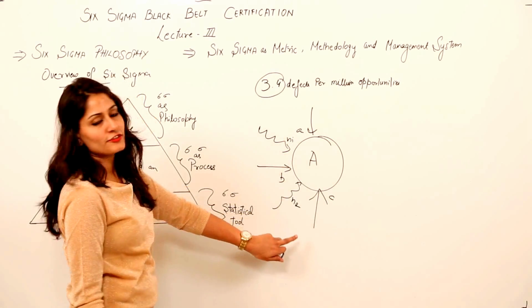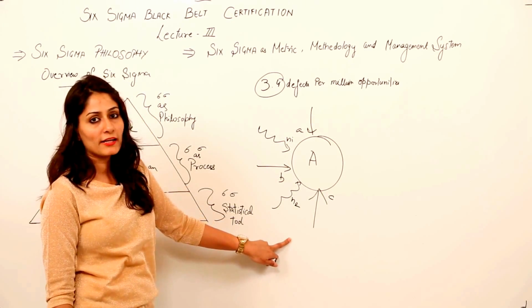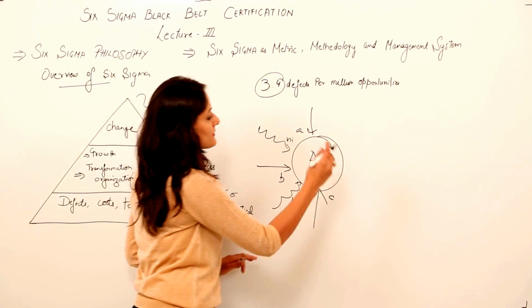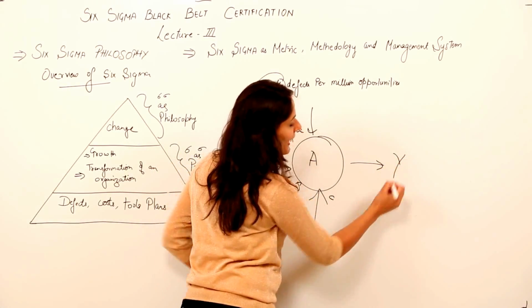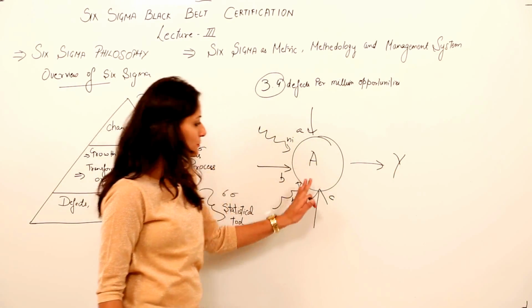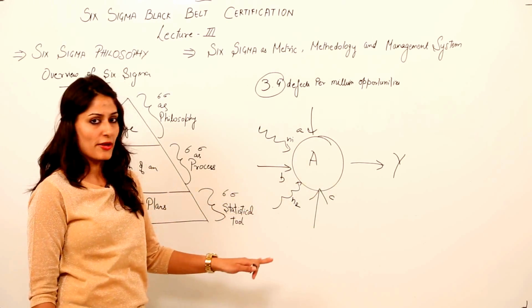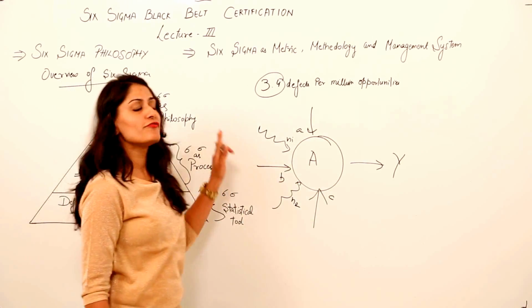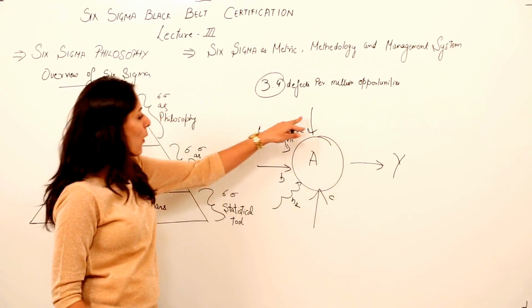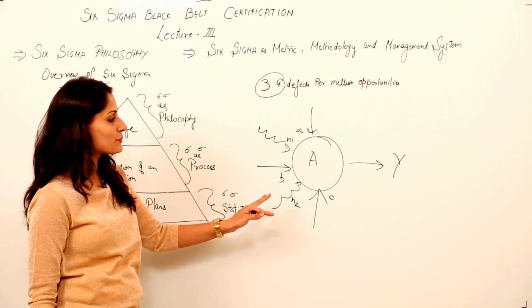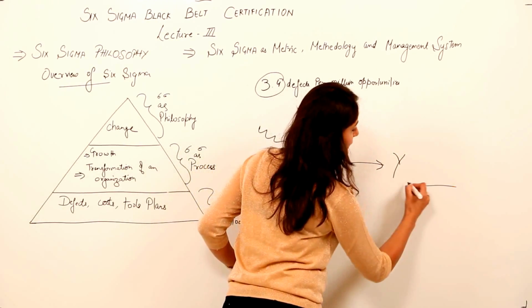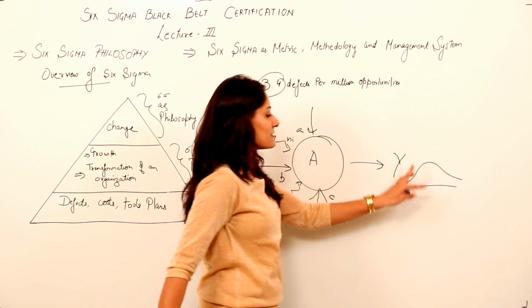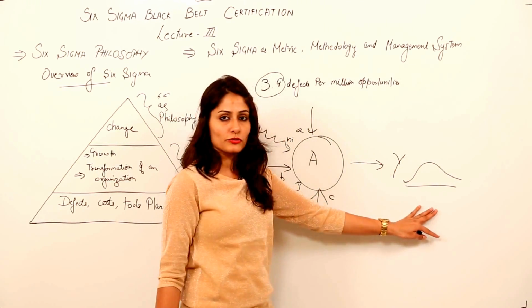These noise factors are totally not in my control, and since this is a process A, and to reach Y, that is the output, this process has to go through number of steps. So it is very difficult to control all these factors plus all these processes. So whatever we get, we always get a variation instead of one single point production.